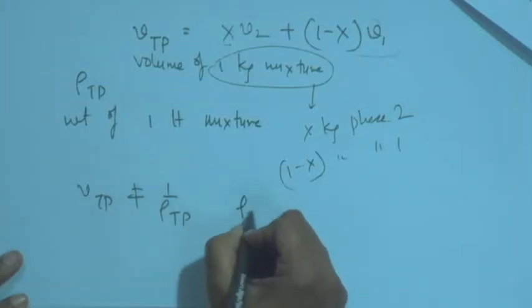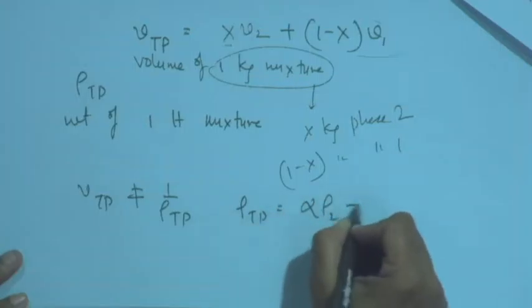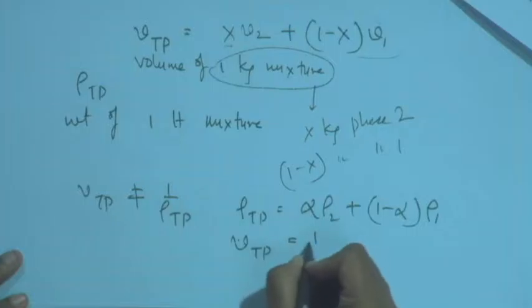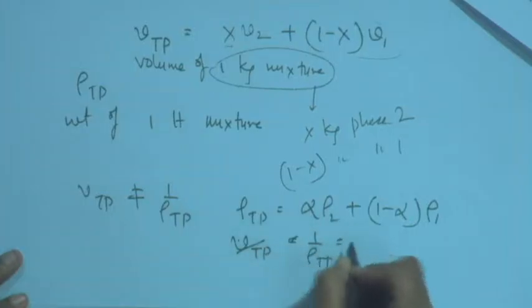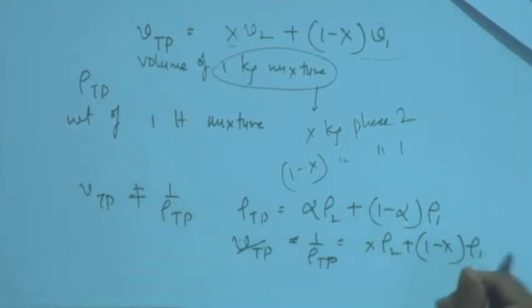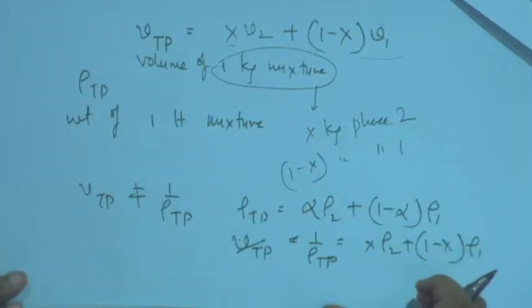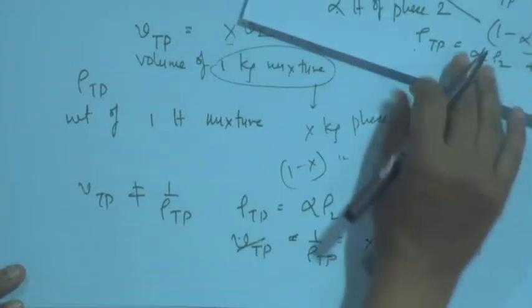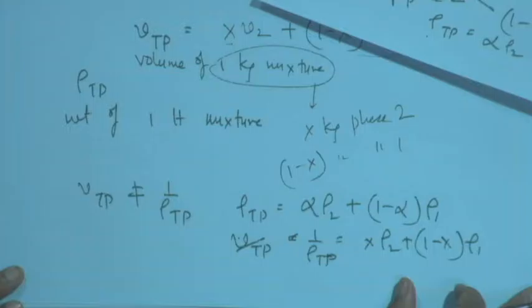In other words, the expression of rho_TP is in terms of void fraction, whereas the expression of 1 by rho_TP is in terms of quality. This is one basic thing which you need to remember in two phase flow. This is very important. We are quite used to thinking that the specific volume is the reciprocal of density, but that does not happen in this particular case.